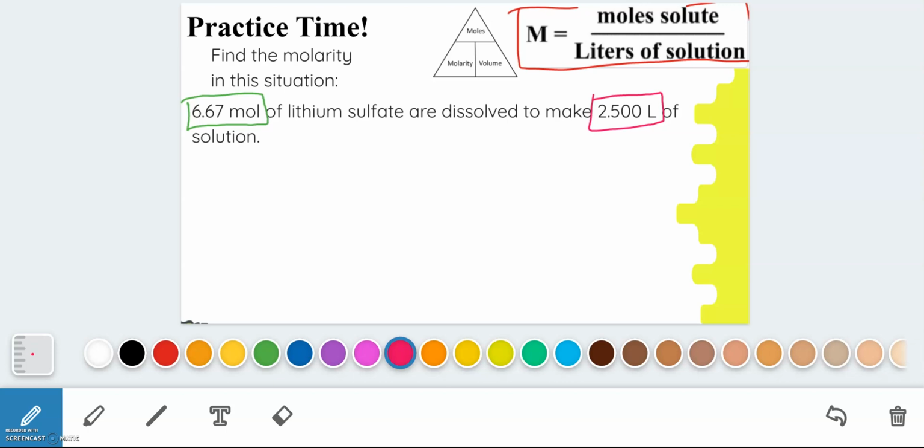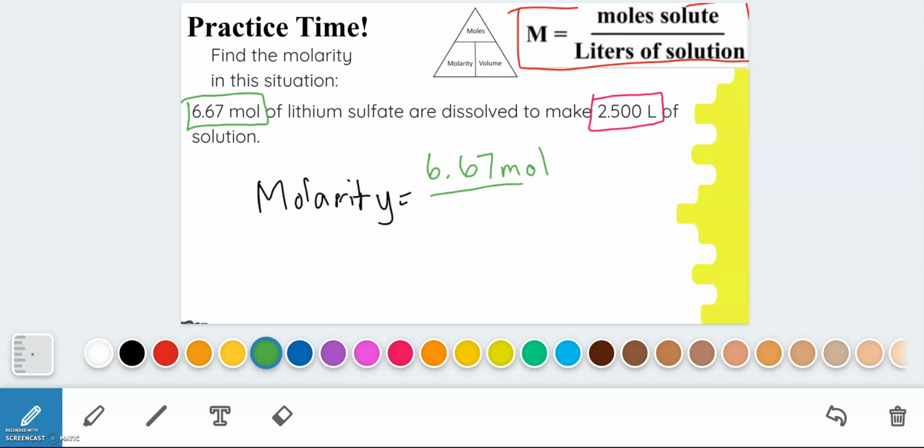So we want to do the same thing. We want to have molarity equal to our numbers. We're going to put our moles on top, and we're going to put our liters on the bottom.